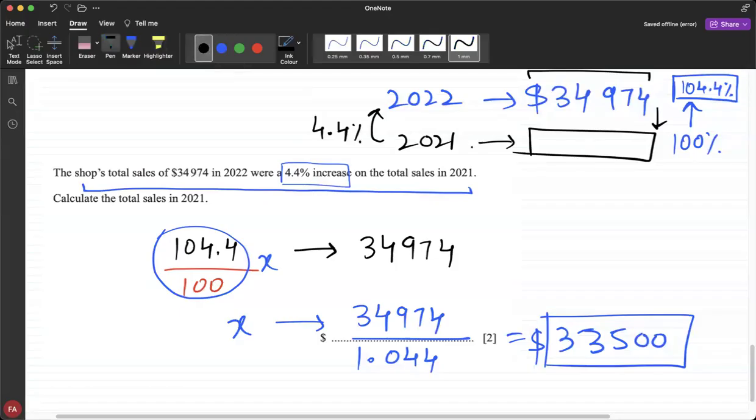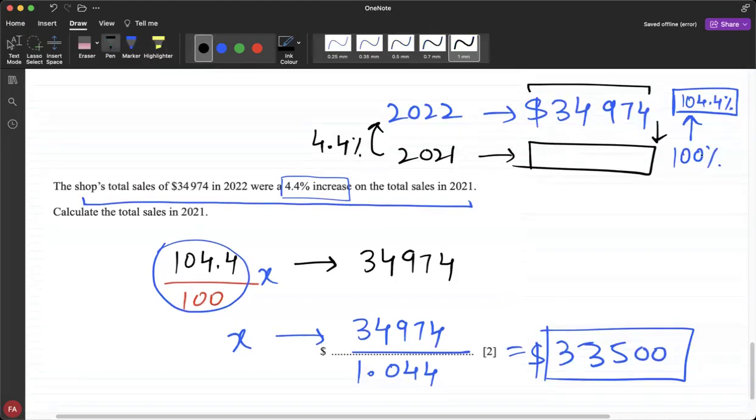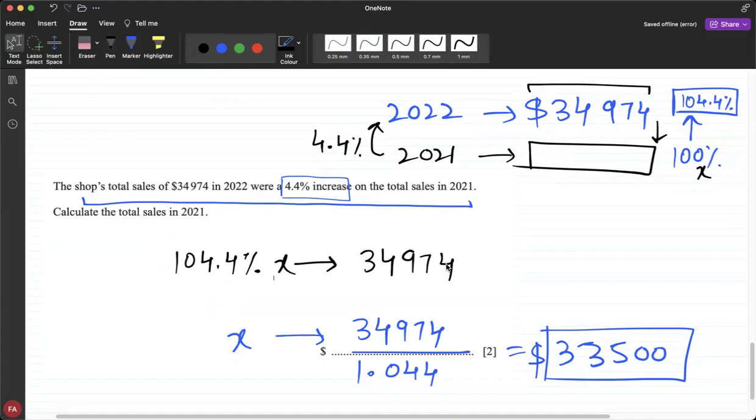I'm assuming that in 2021, we had total sales of 100% of X. Now, the number has been increased by 4.4%, which gives us 104.4%. This method that I've done is known as the unitary method. So I'm telling you right now that 104.4% of X represents $34,974.